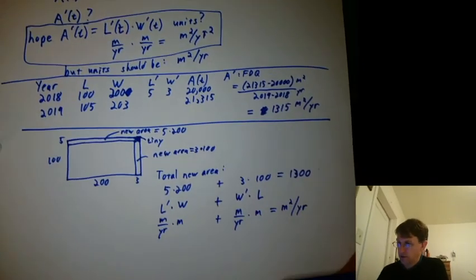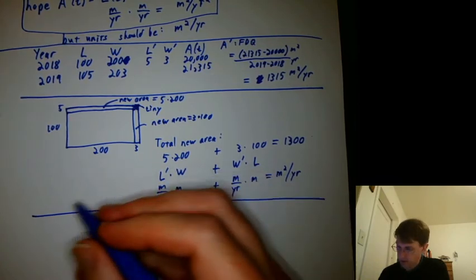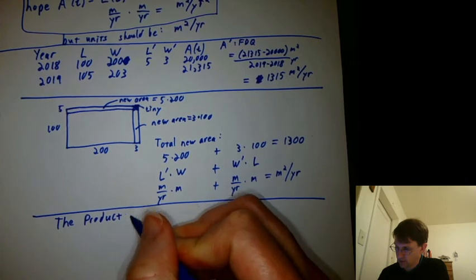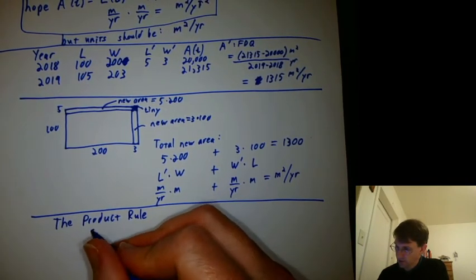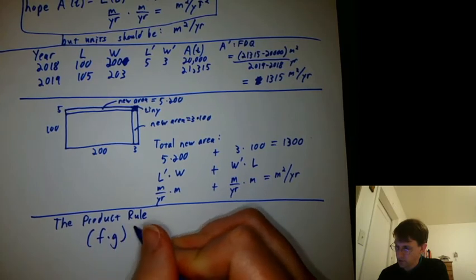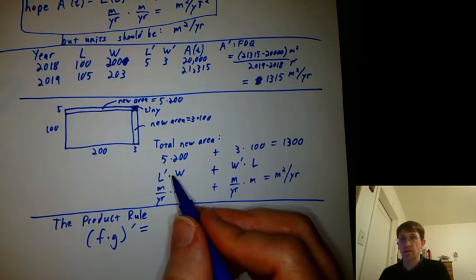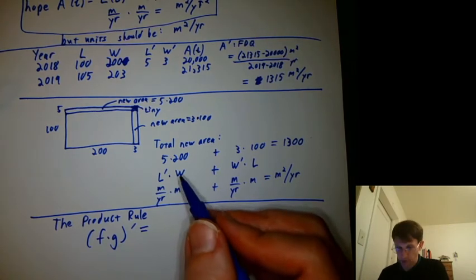So now we can write the product rule based on this idea. So this is the product rule for derivatives. f times g, prime, equals, well, we've basically got two functions going on here, length and width. So we could call those f and g.